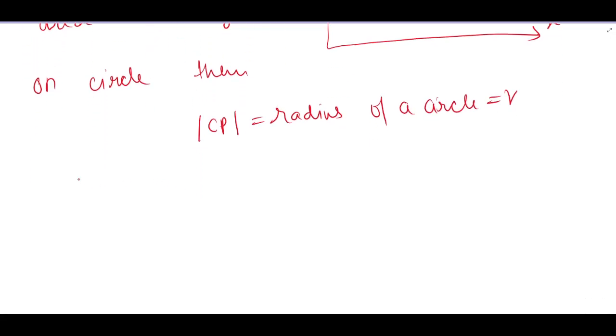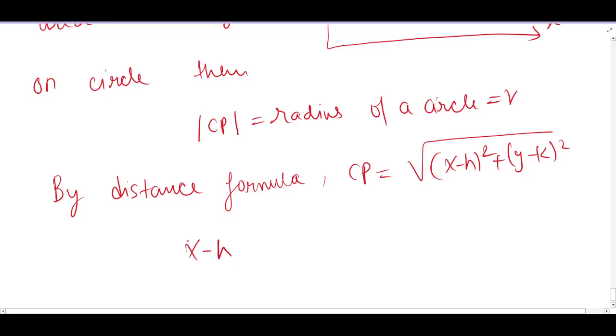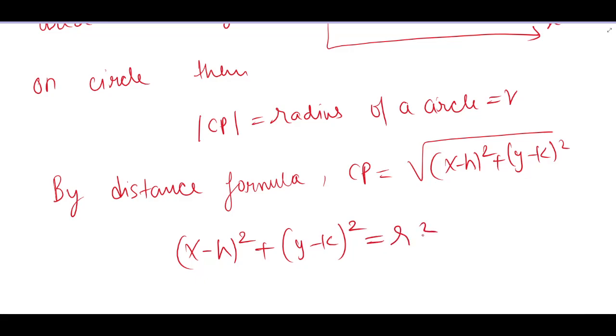So by distance formula, CP is equal to the square root of (x minus h) whole square plus (y minus k) whole square. So we get (x minus h) square plus (y minus k) square is equal to r square.